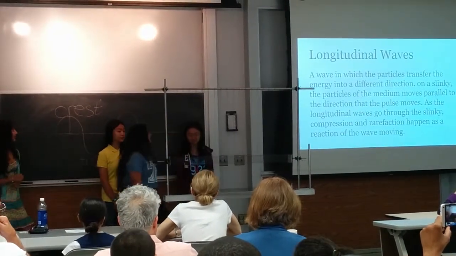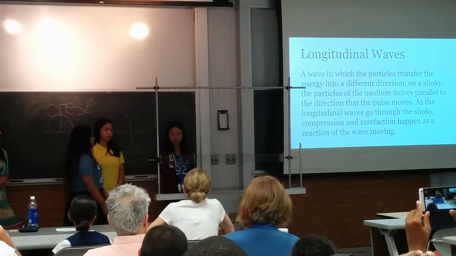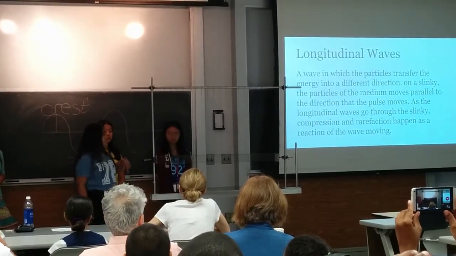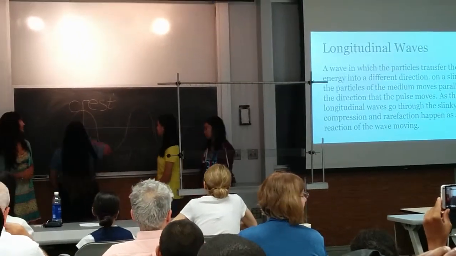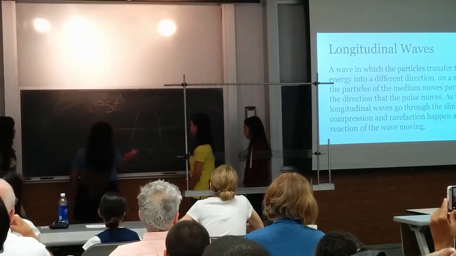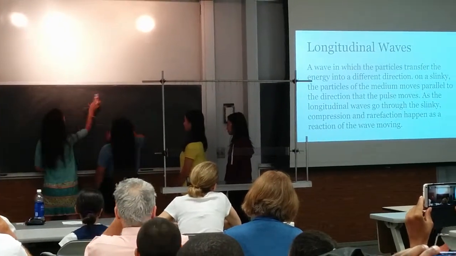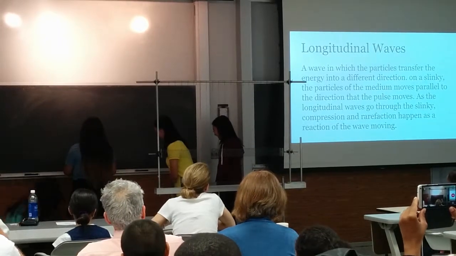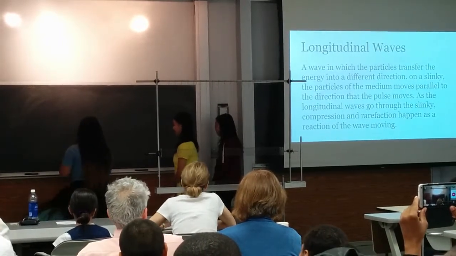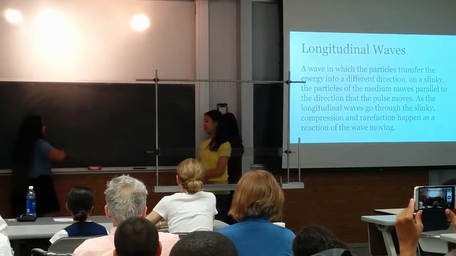I will be talking about longitudinal waves. A longitudinal wave is a wave in which particles transfer back and forth, sending energy from one area to another. So I'll describe it. In a longitudinal wave, I would use a slinky.